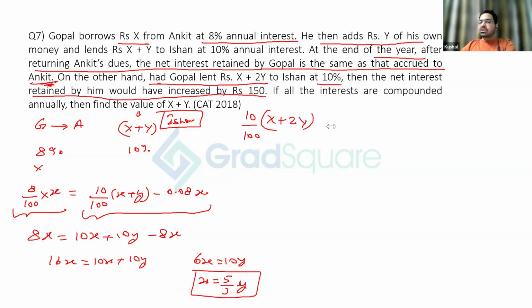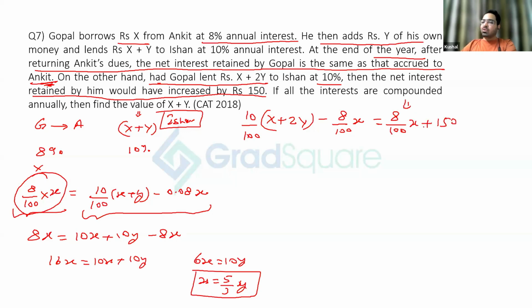He had charged 10% to Ishan and returned 8% on X to Ankit, and he is getting 150 more than the interest that was left with him. The interest previously left with him was equal to the interest accrued to Ankit, correct? So 8% of X, and to that I will add 150.